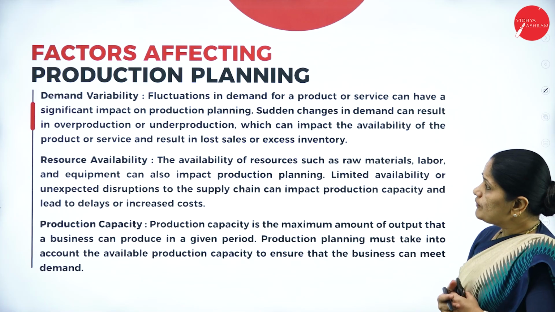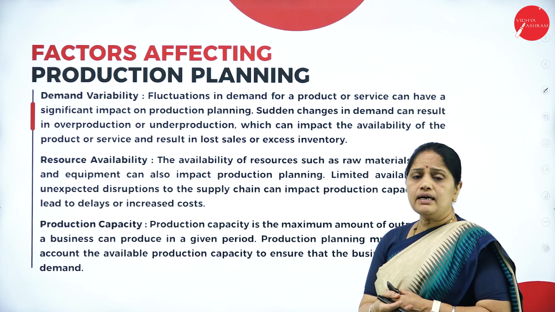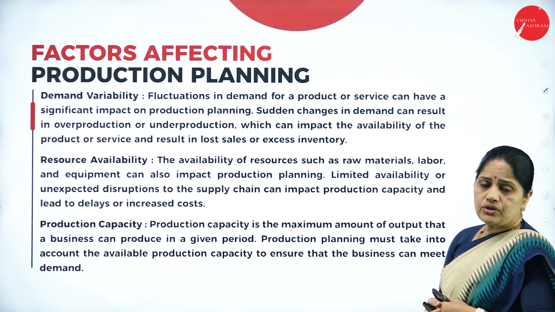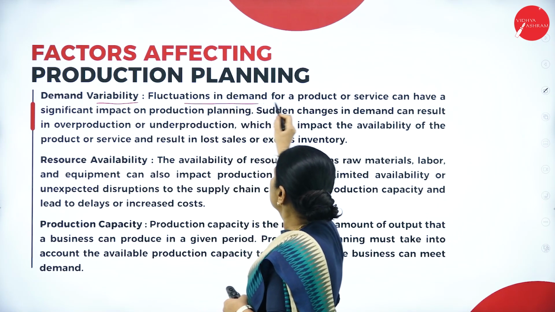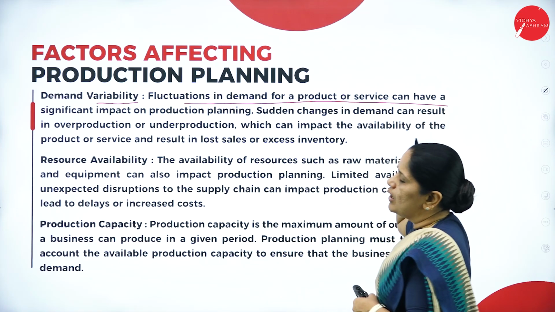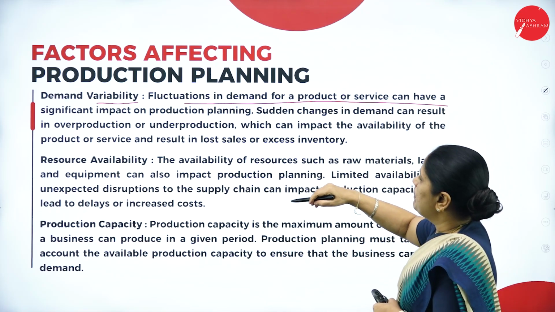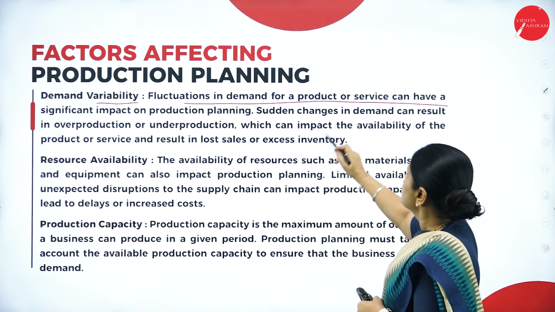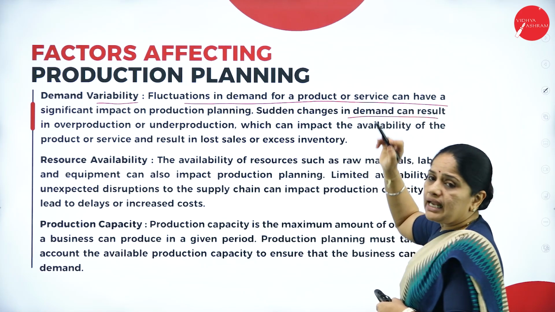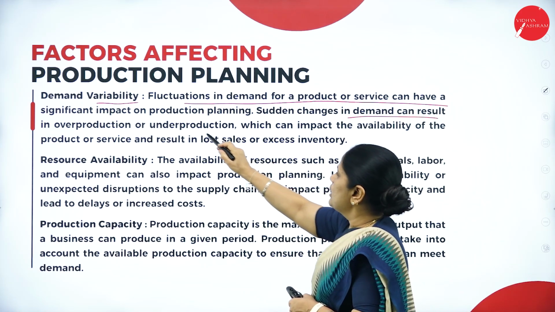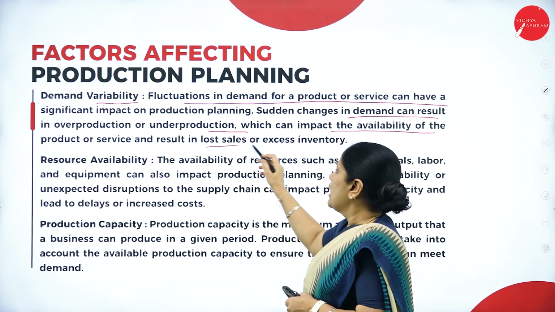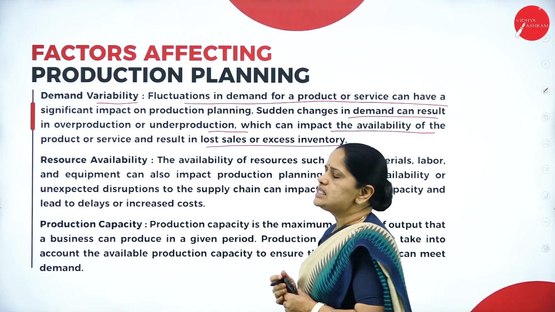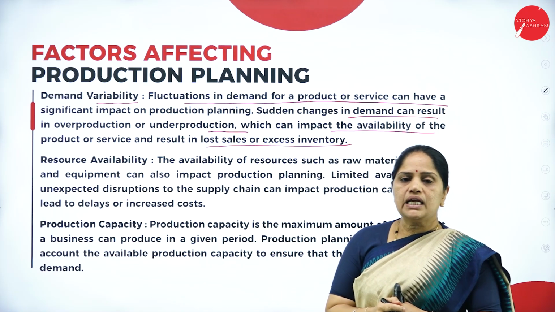Then, what are the factors affecting the production planning? So, first one is demand variability. Fluctuations in demand for a product or service can have an impact on production planning. Sudden changes in demand can result in overproduction or underproduction, which can impact the availability and also result in lost sales or excessive inventory.